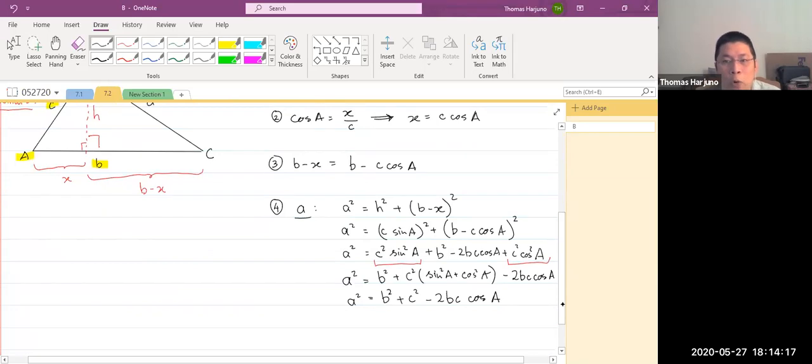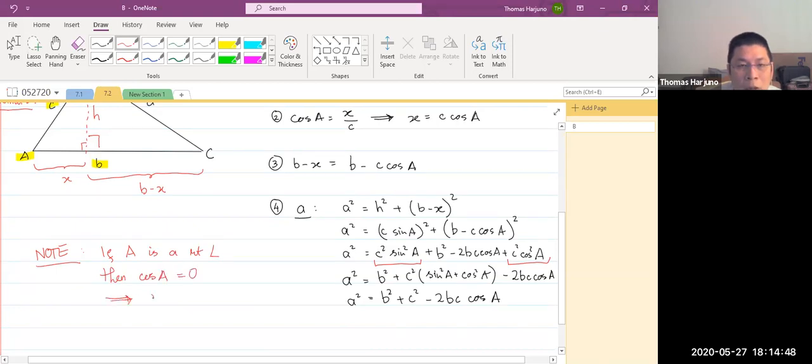Notice that if the included angle is 90 degrees, then we get the Pythagorean theorem. Note, if A is a right angle, then cosine A is equal to 0.